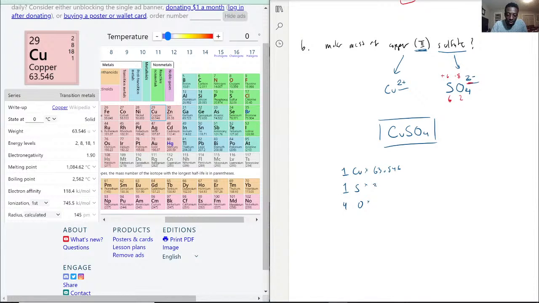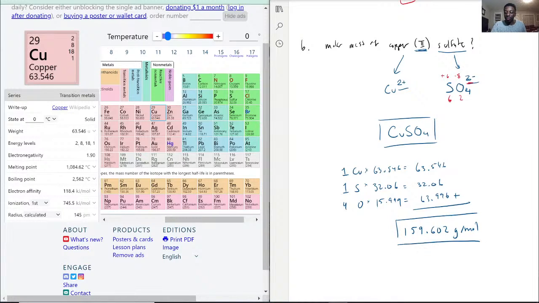Alright, and we have sulfur is 32.06, oxygen is 15.999, and so after multiplying we get 63.546, 32.06, 15.999 times 4, 63.996 plus 32.06, and our total here, so the molar mass is 159.602 grams per mole, and I found that out by first finding out the formula for copper 2 sulfate, and then I added the atomic mass units of each of its parts.